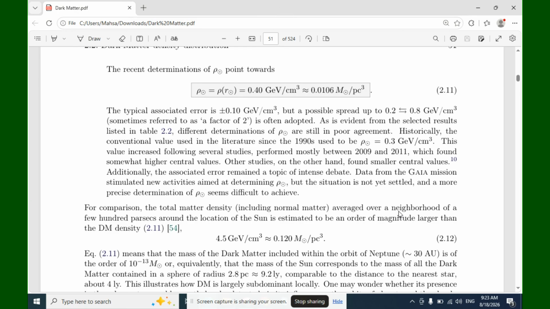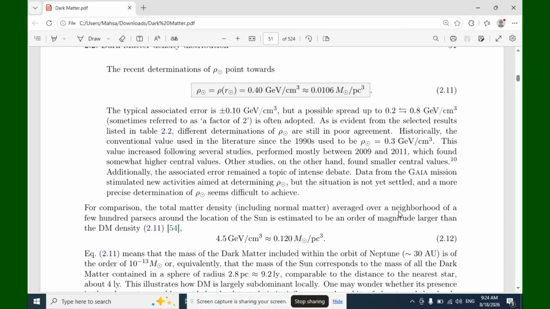Different determinations are still in poor agreement. Historically, the conventional value used in the literature since the 1990s used to be rho equal to 0.3 GeV per cubic centimeter. This value increased following several studies performed mostly between 2009 and 2011, which found somewhat higher central values.